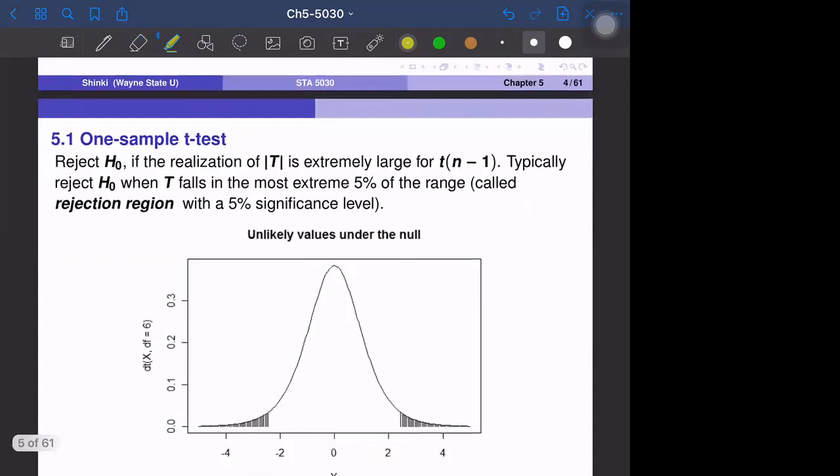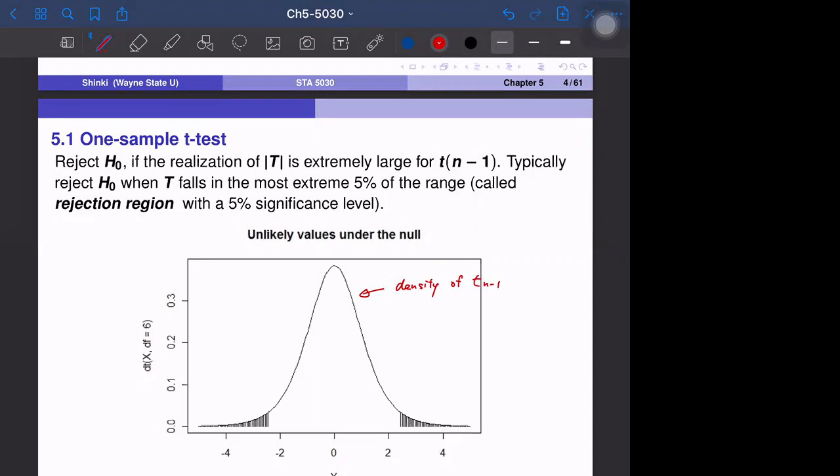So the idea is that, suppose we have the density curve of the T distribution with degrees of freedom n minus 1. So this is the density of T sub n minus 1.